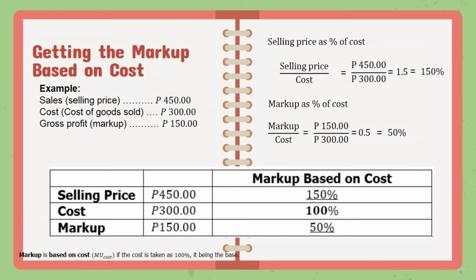Definitely we'll have this formula as selling price divided by the cost times 100%. So you will have 450, your selling price, divided by 300 pesos, which is the amount of your cost. 450 divided by 300 is equal to 1.5. Times 100, you will have 150%.